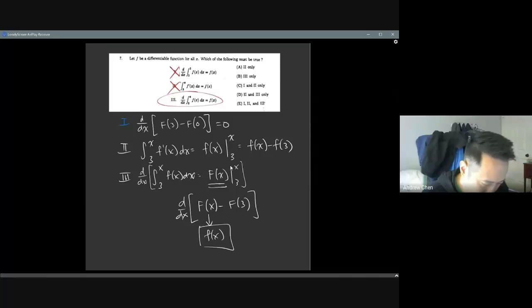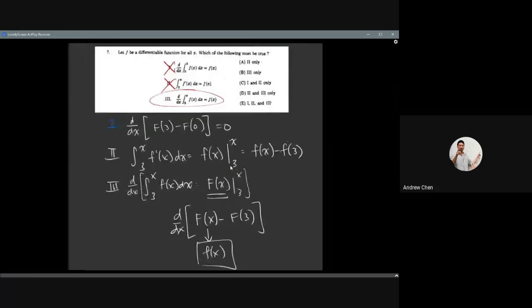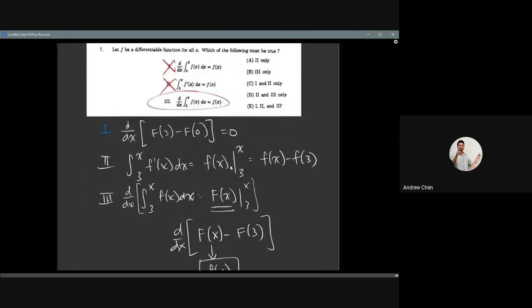So here we go. Number 7, let f be a differentiable function for all x, which of the following must be true. Okay, so this is all fundamental theorem of calculus. And so the first one, if you forgot the fundamental theorem of calculus, you can take the integration and then take the derivative of it individually.